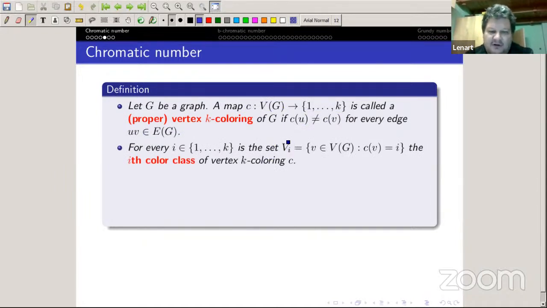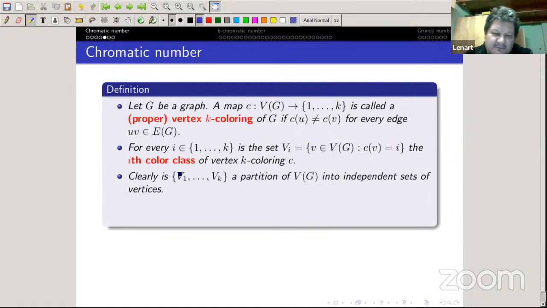And every such coloring splits the vertex set into some subsets which are called color classes. And this is one color class, and this is the color class of color i. So in color class Vi are all vertices which have color i, which are mapped into color i.